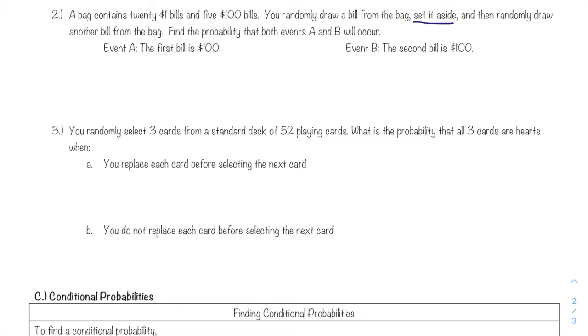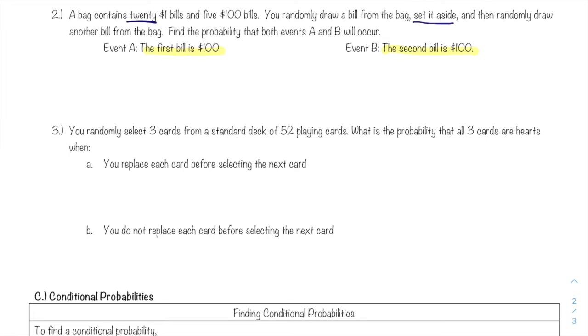So you have event A: the first bill is going to be a $100 bill. And then event B is, the second bill is also going to be a $100 bill. First of all, we need to find the probability of the first event happening.